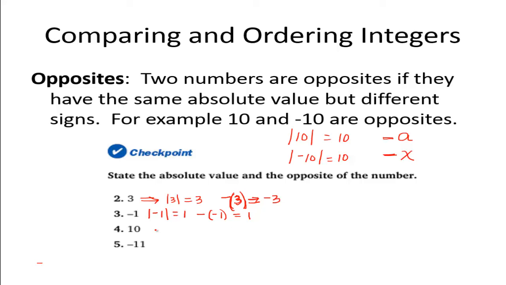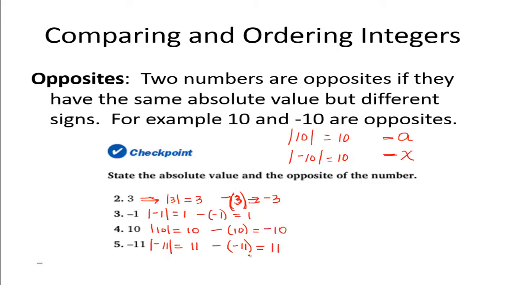For this one, the absolute value for 10 is equal to 10, and the opposite of 10 is equal to negative 10. Okay? And for this one, we have the absolute value of negative 11 is equal to 11, and the opposite of negative 11 is equal to 11.